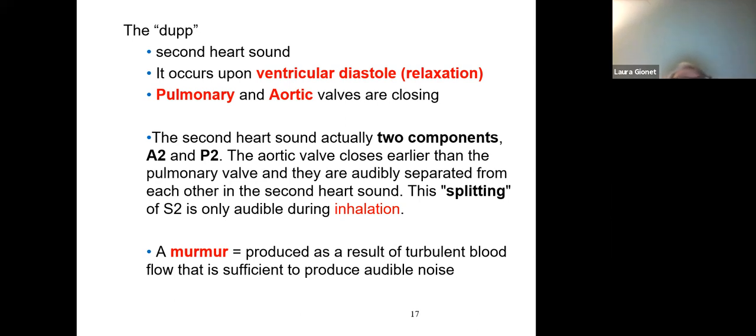If you want to hear the aortic valve closing separate from the pulmonary valve in more detail, because they're rather loud, you have the patient take in a deep breath and hold, and that will help separate those two sounds. By holding your breath, it increases the pulmonary pressure.